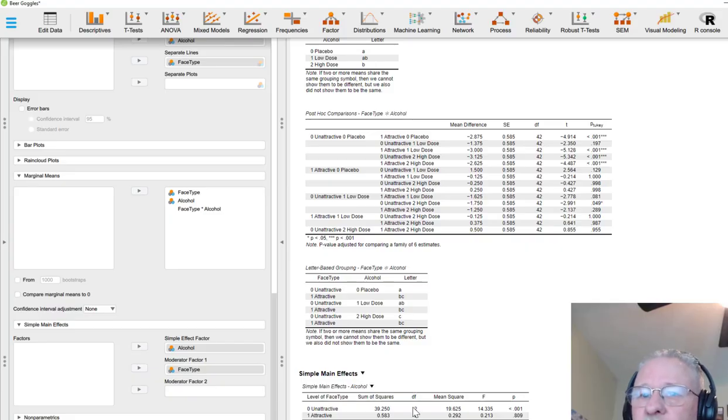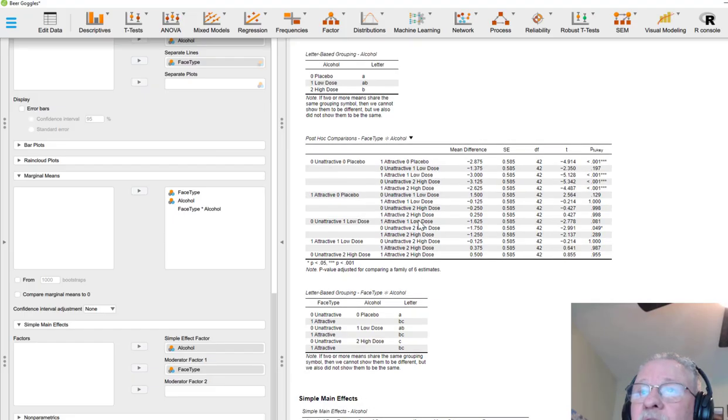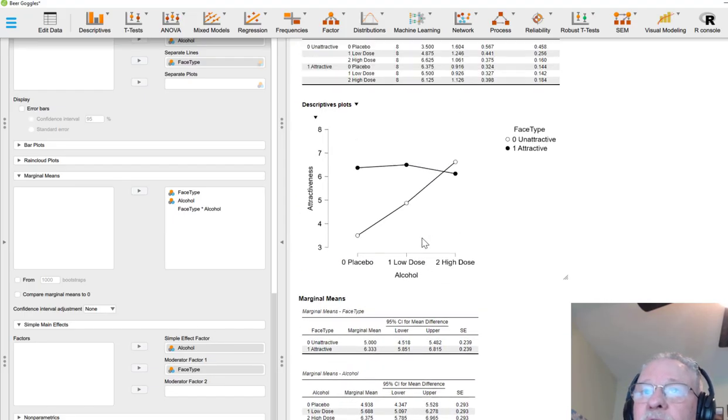So with 2 and 42 degrees of freedom, you have a significant effect for the unattractive, no significant effect for the attractive. In other words, you're now reporting that you have a significant difference in the means between here, here, and here, which we've already explored more specifically doing the post-hoc test, and no significant effect here, which we already deduced via the post-hoc test.